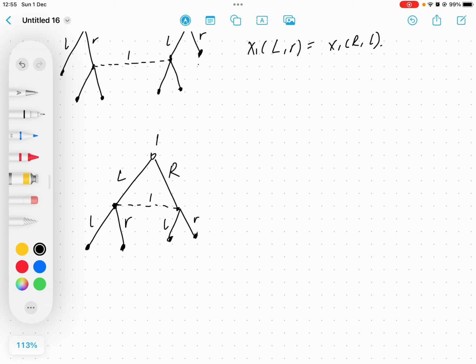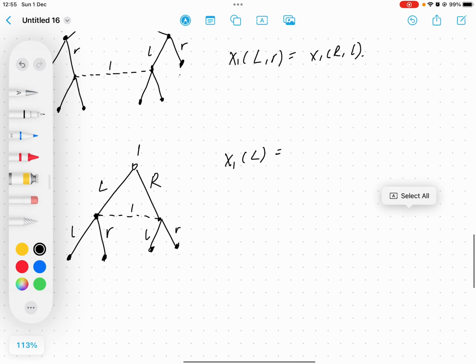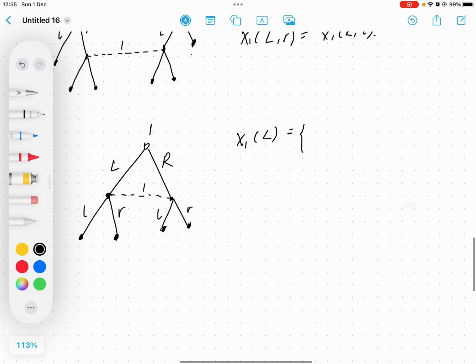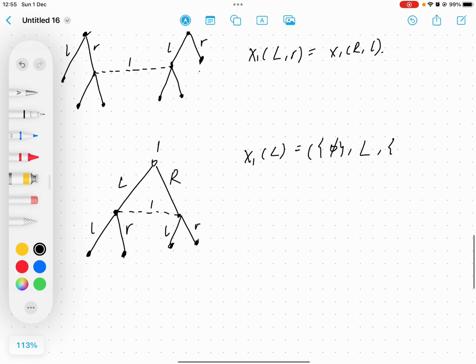And that's obviously an imperfect recall, right? So let's verify that. So X1, given the history H, so the first information set will be empty, and after action L, then the information set becomes L and R, right?